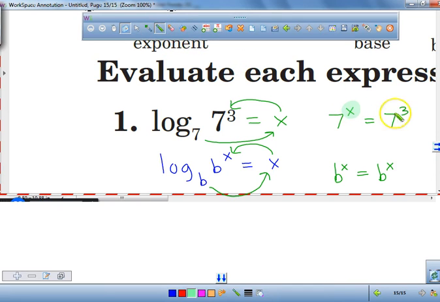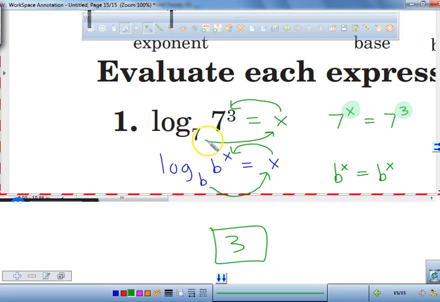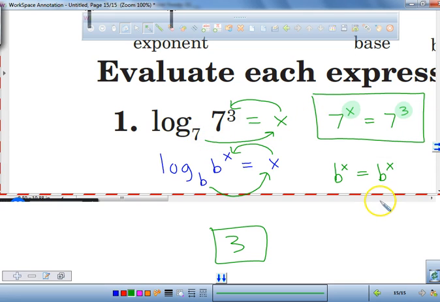So what does x have to equal? 3. That's why if you evaluated this in the graphing calculator, the answer would be 3. What I want you guys to do is be able to change logarithmic form to what? To exponential form. I want you to be able to change those so you can be able to solve them.